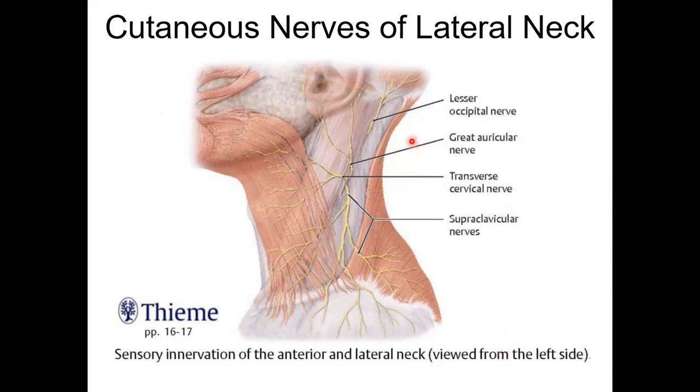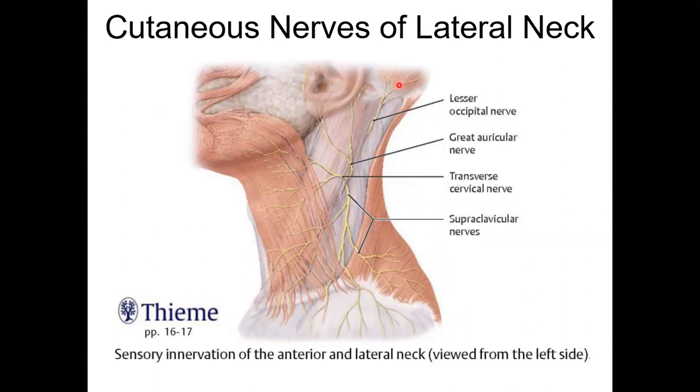So you have your lesser occipital nerve. Occipital is this area back here, part of your skull, like one of your skull bones is your occipital bone. So you can see how that's this bone right here. So the nerves in the area end up having occipital in their name.